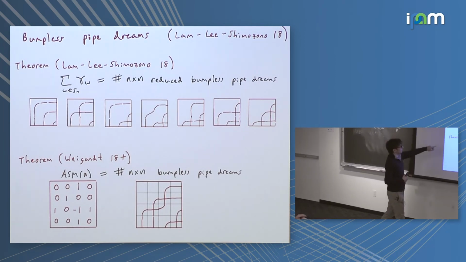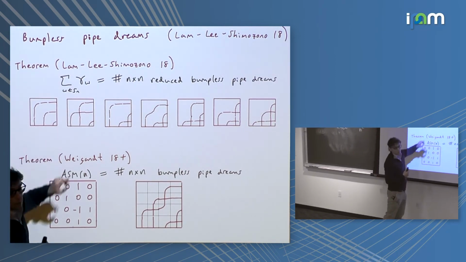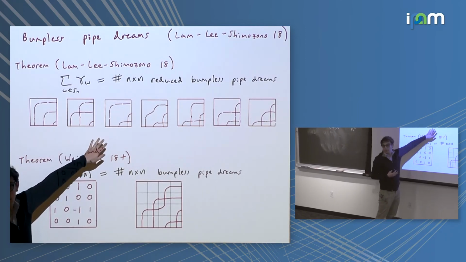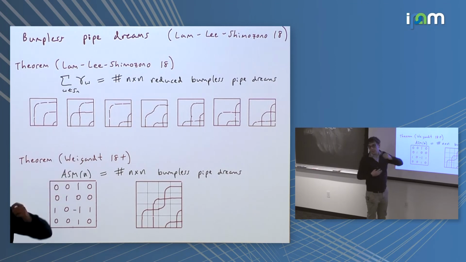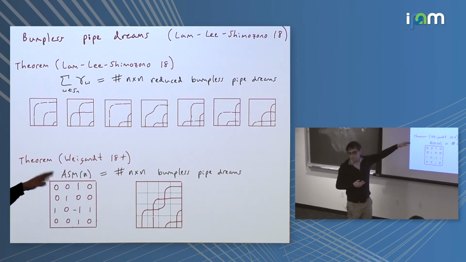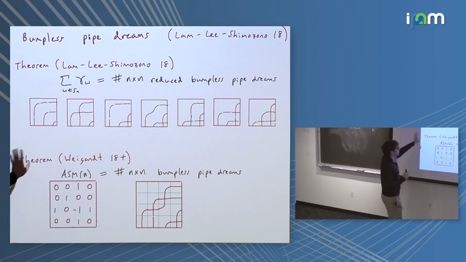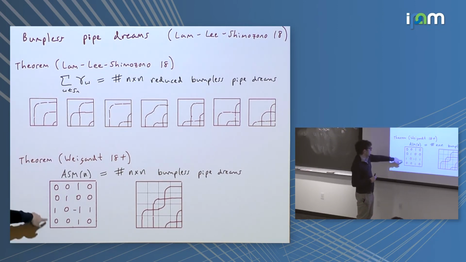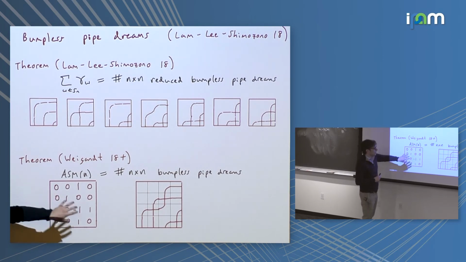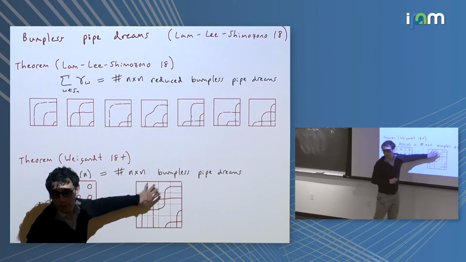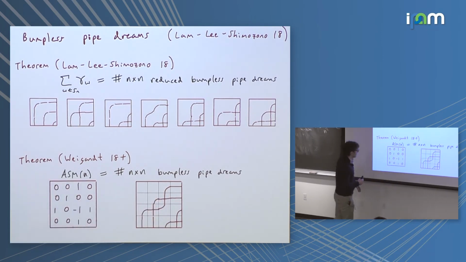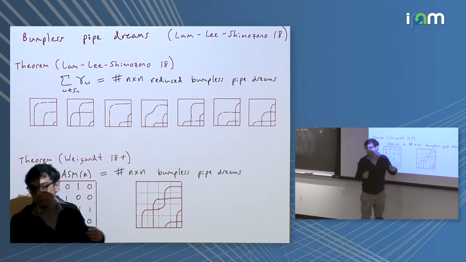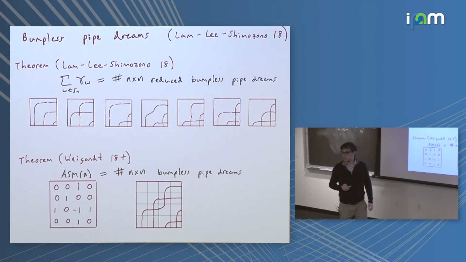Remember for n equals 3, there were 7 RC graphs. Here are the 7 bumpless pipe dreams. They gave a formula for Schubert polynomials using these, but we're just interested in the number. Here is an alternating sign matrix, and there's an encoding to a tiling with these 6 pieces. When you do this correspondence, sometimes 2 wires cross more than once.